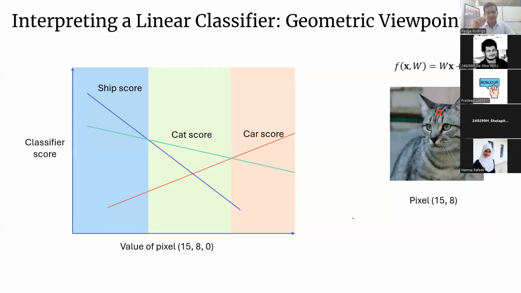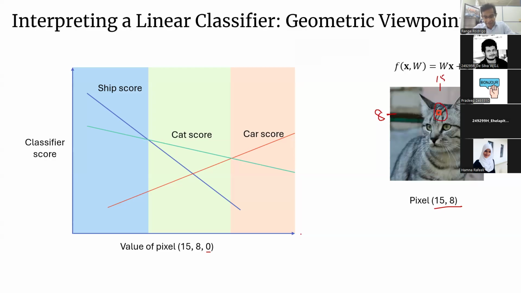Now let's look at the geometric point of view of this classifier. Let's take the cat image, and in the cat image, let's take just one single pixel right here. Let's say the 8 comma 15 pixel, and put a 0 also to say color.